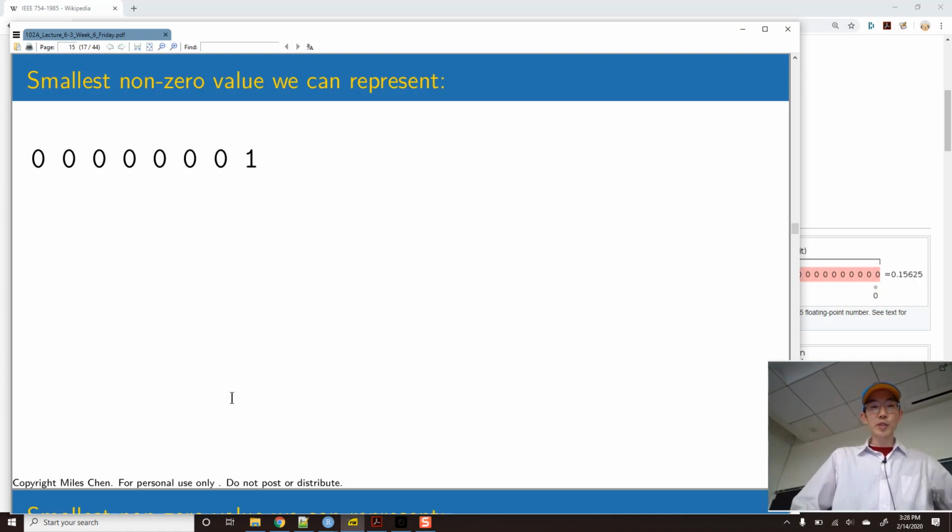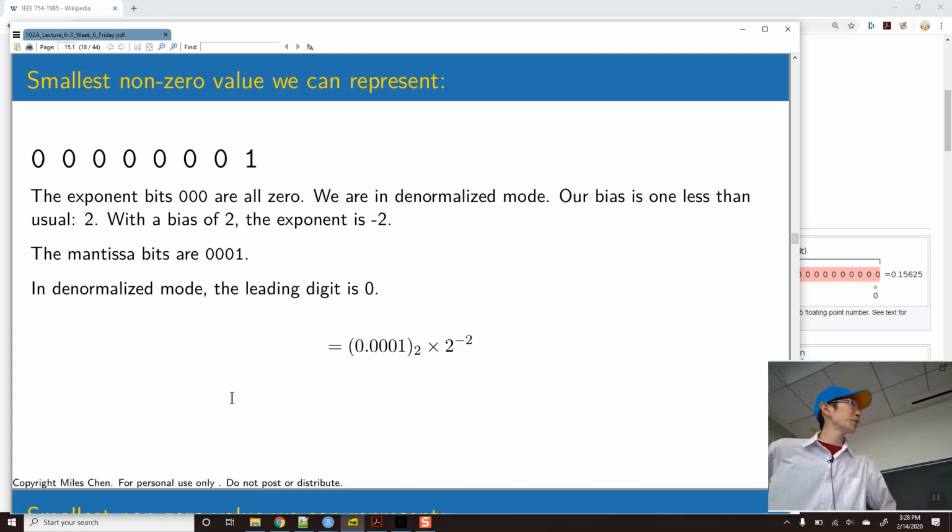Okay, I'll help you out a little bit. Exponent bits are 0, 0, 0. Our bias is 1 less than normal, so we have a bias of 2. So this is going to represent negative 2. Our exponent is negative 2. The mantissa bits are 0, 0, 0, 1. We got 3 zeros and a 1.